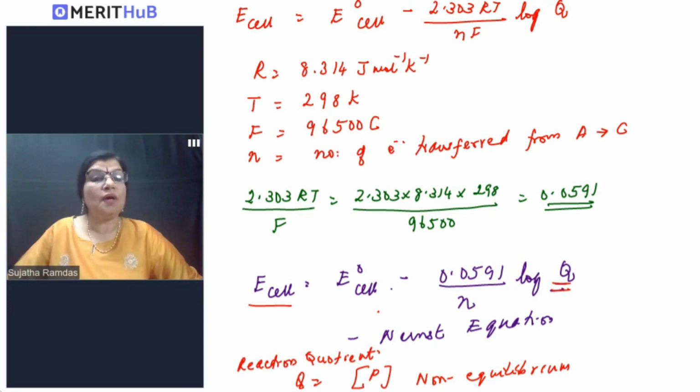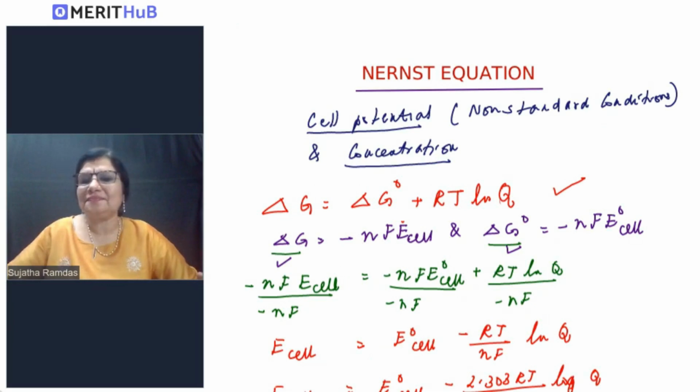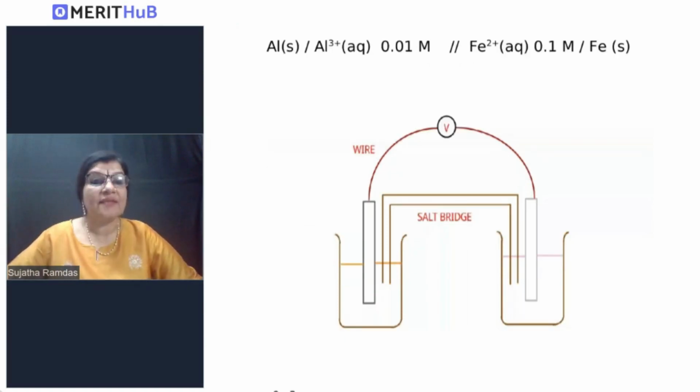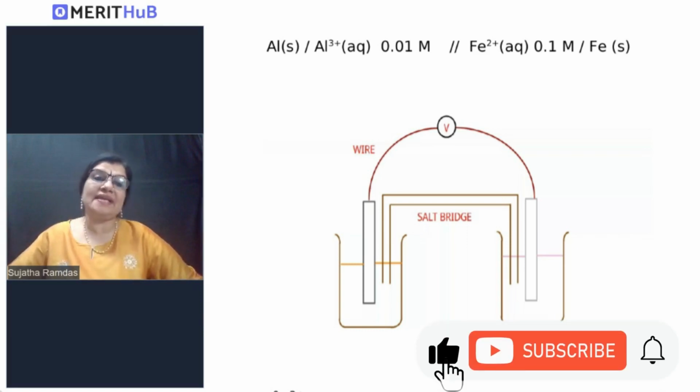Now let's do a problem to understand the Nernst equation better. So here we have this representation. This is how we represent a reaction that occurs in a galvanic cell. From this representation, you should know how to identify which is the anode and which is the cathode.